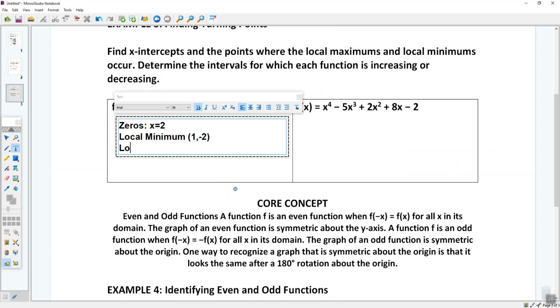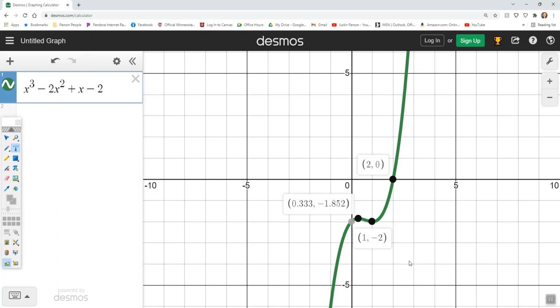We also have a local maximum in that, don't we? What did it say our local maximum was here, guys, at the top? 1/3, comma.